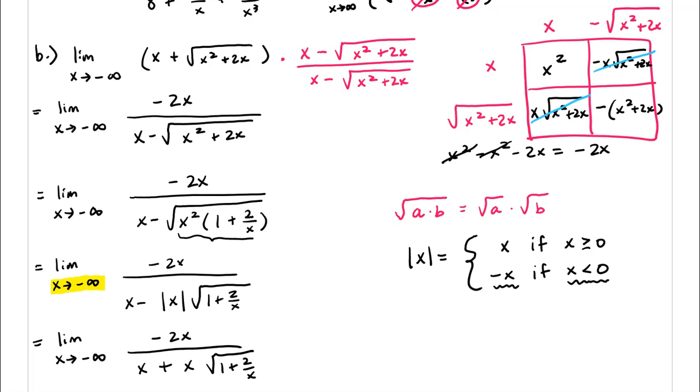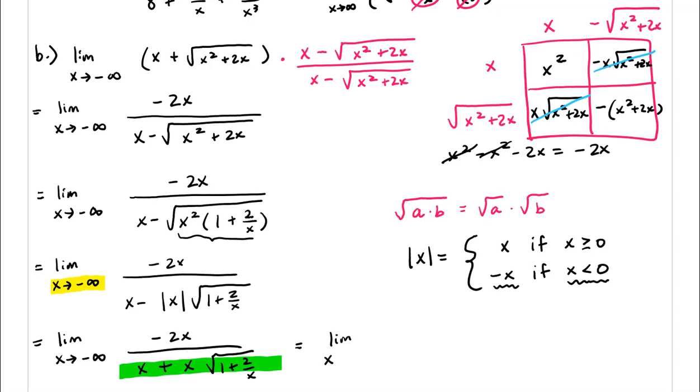Now what I can do is I can factor out an x from the numerator. I want to caution students because a common thing that I will see students do in this step is they'll say, oh, x plus x, so that gives me 2x, and then the square root of 1 plus 2 over x. It does not work like that. We can't do that because of the square root portion, but both of those terms do have an x, and so I can factor out an x.